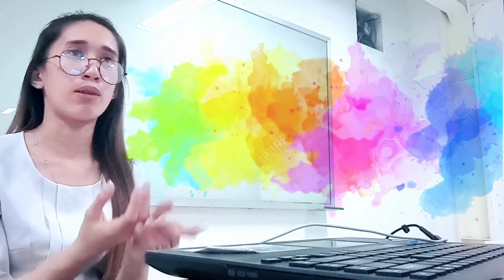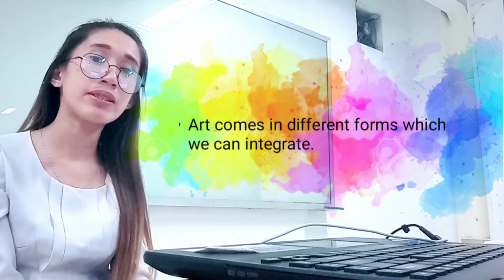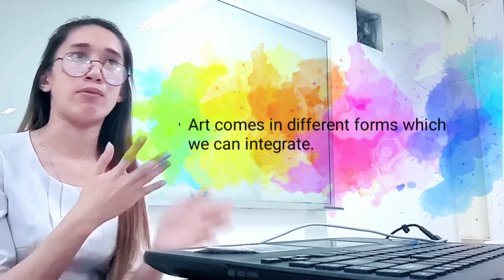And some of us can do something. For example, nakakapag-paint tayo, nakakapag-sketch tayo, and other stuff that is an art without knowing that it is an art. So art can be classified into many forms, in many ways.